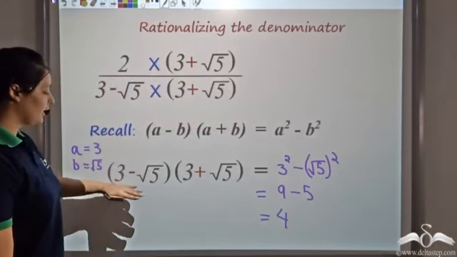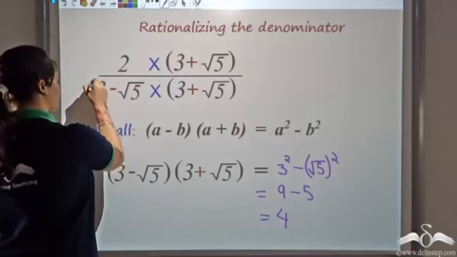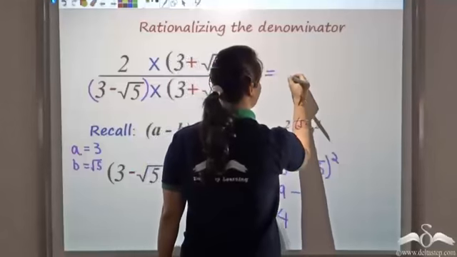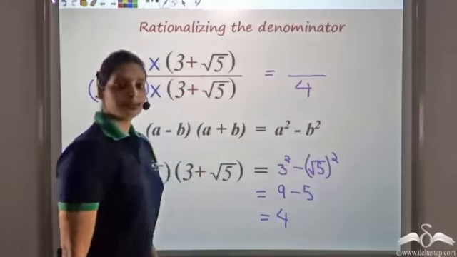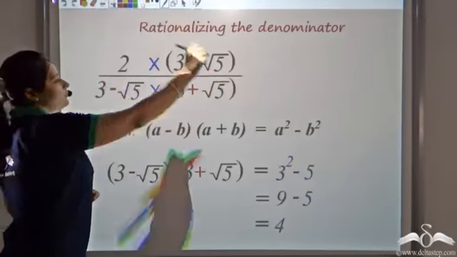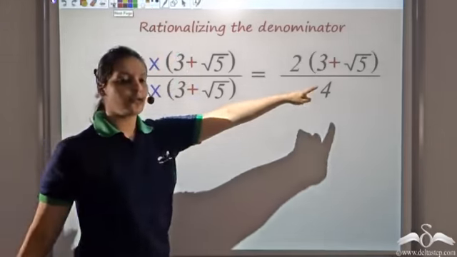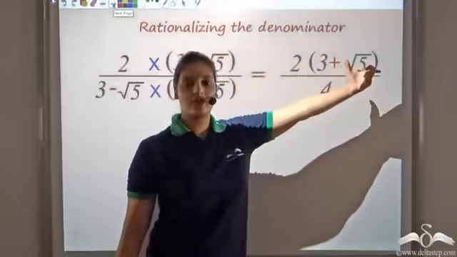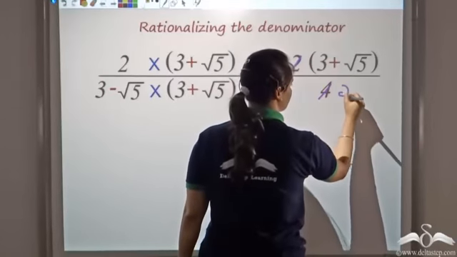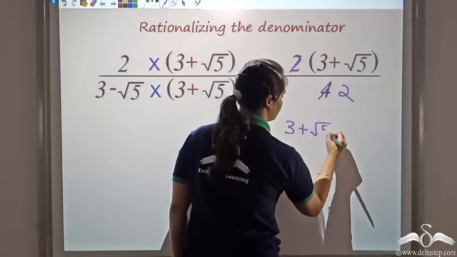So the denominator is 3 minus root 5 times 3 plus root 5, and I know that the denominator is 4. Now the numerator is 2 times this irrational number. Denominator is 4. Numerator is 2 times 3 plus root 5. Now I can simplify this, and this gives me 3 plus under root 5 by 2.